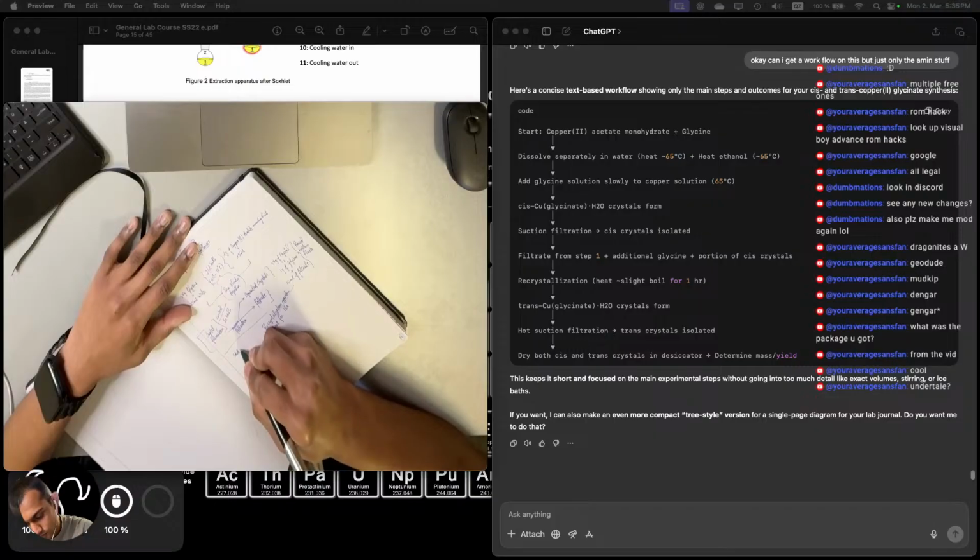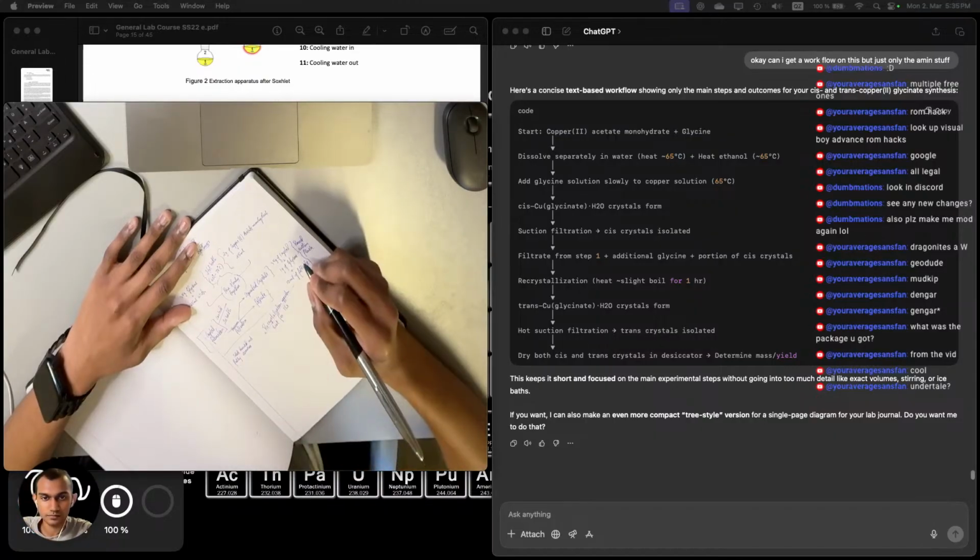Solid should not fully dissolve. After 1 hour, remove the heating and filter your hot solution via suction filtration.